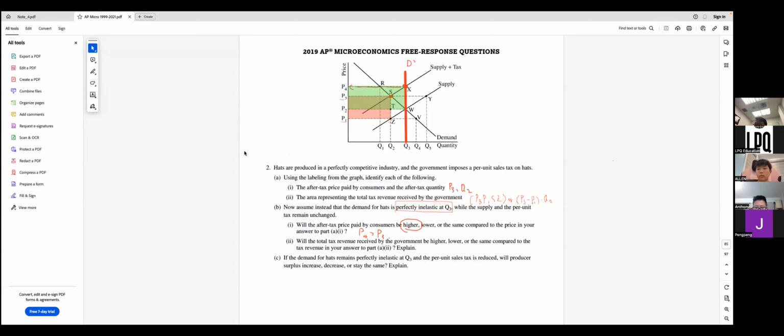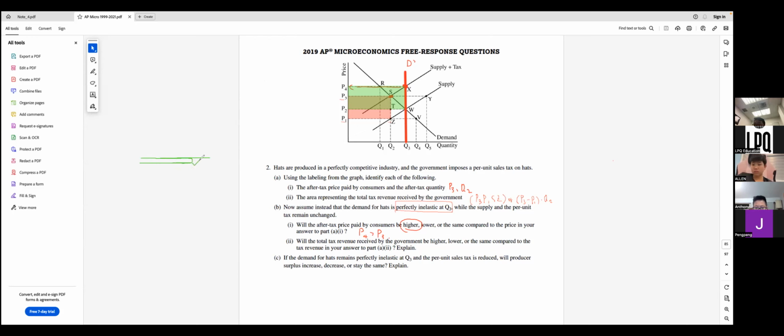How do we explain the answer? The answer given by Anthony is pretty standard. The tax does not reduce the quantity purchased when the demand curve is perfectly inelastic.